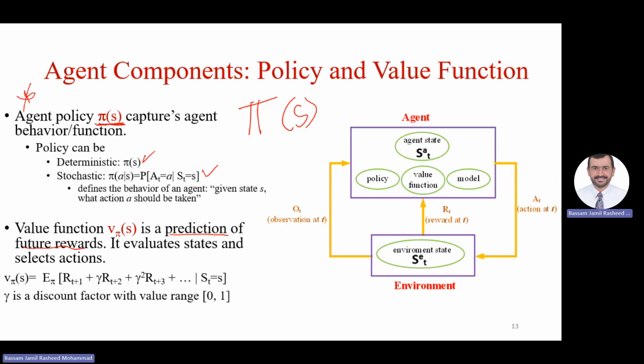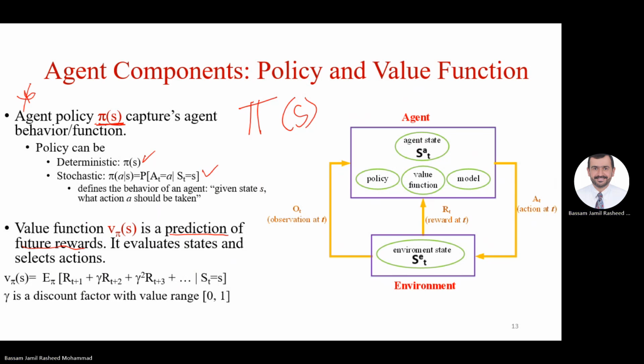Q-learning is a very powerful algorithm for reinforcement learning. It is based on the value of the actions, which inherently has the value of the state. So if I give you the value of the states, you should be able to compute the value of actions, as we will see. If I give you the value of the actions, you should be able to compute the value of the states.